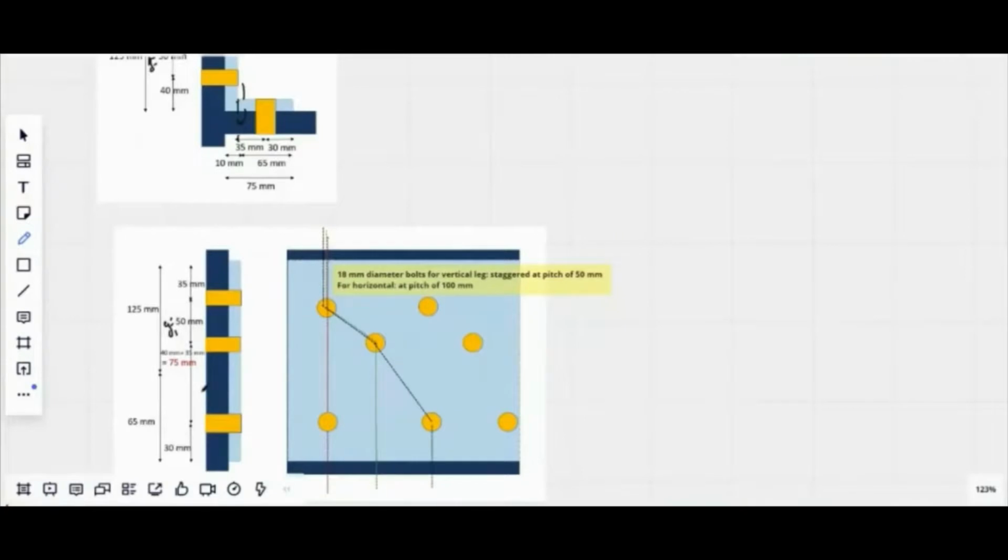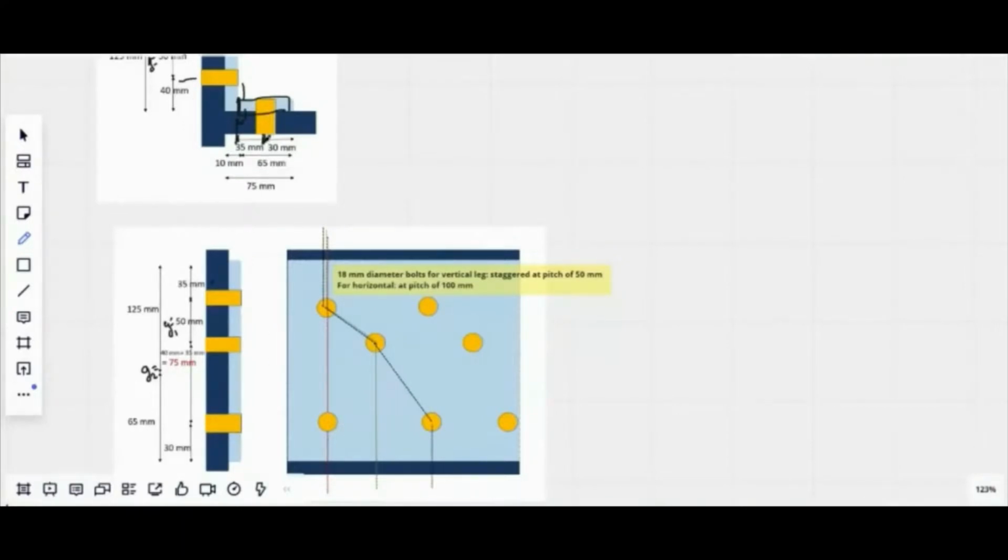We have seen the gauge distance G1, which is about 50, and there is again a gauge distance G2. When we add this, there is about 40 from the center of the bolt to the end of the plate. When we consider our distance from here, I am removing this part and unfolding it in this manner, so 40 would be this distance.